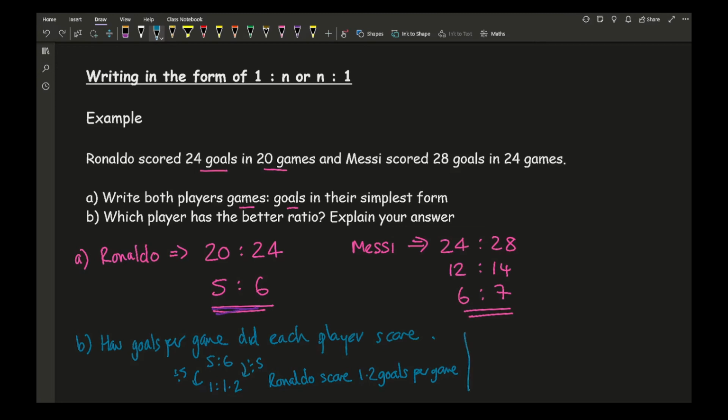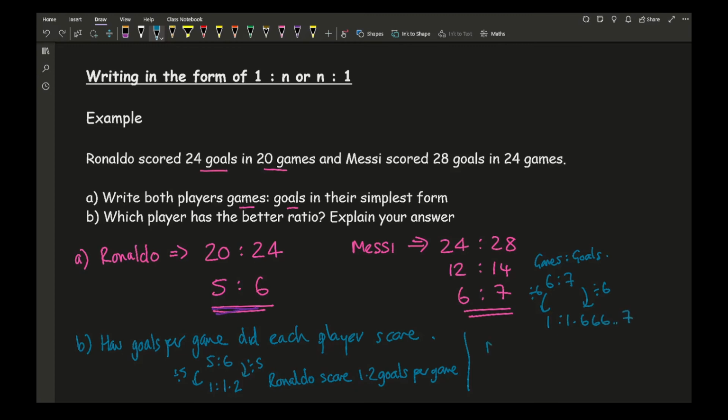Now if we do the same with Messi, so here I've got 6 to 7. So if I divide both numbers by 6, then he plays one game, because remember it's games to goals. He then plays one game, and 7 divided by 6 gives me an answer of 1.666 recurring, and it goes up to 7.